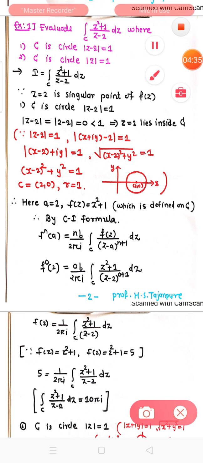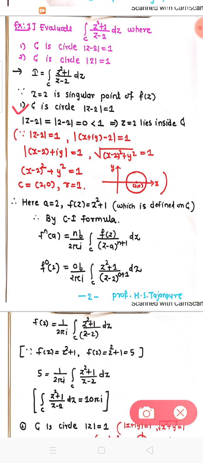So the first step of the example is to identify the value of the singular point. Now the curve. In the first part of the example, the curve is the circle modulus of z minus 2 equal to 1.